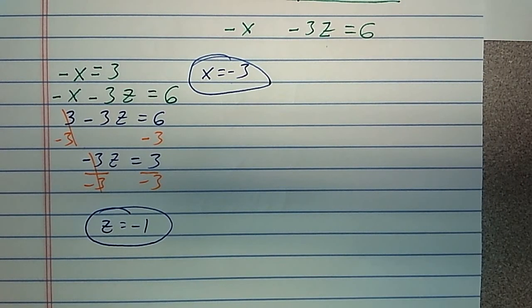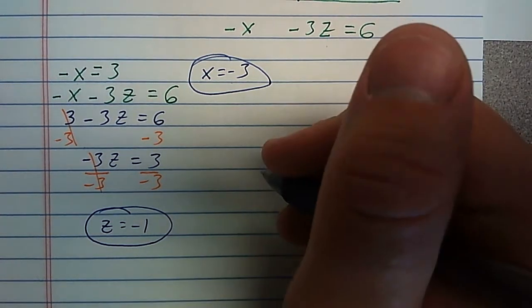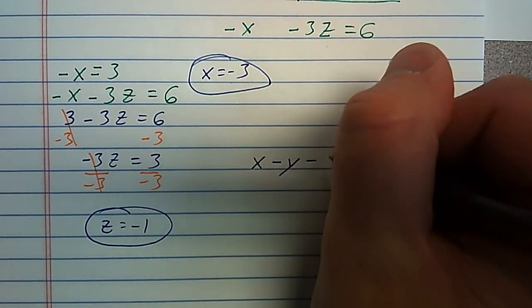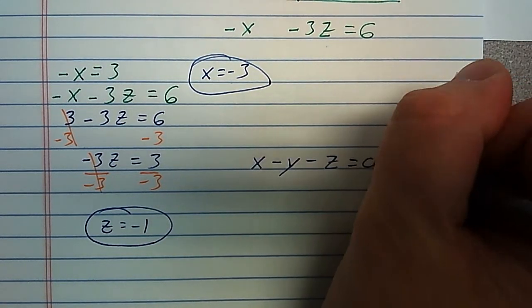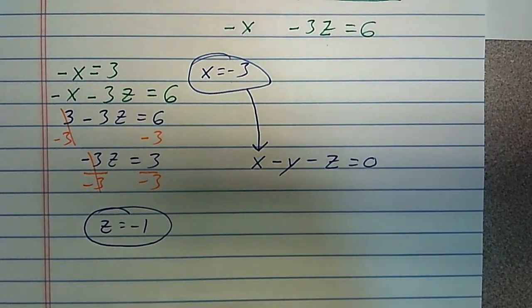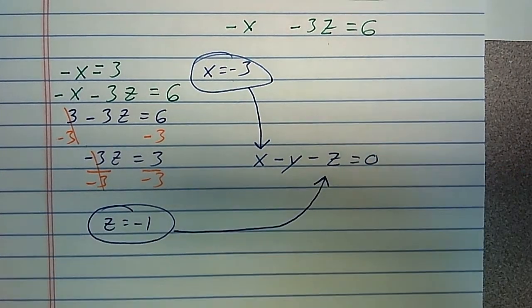And then from there, you need to find your y value. So you have to go pick one of your original equations. I'll just pick the top one just because it's there. Looks easy. But I know that's -3. I know this is -1. Should not have drawn it in that way.